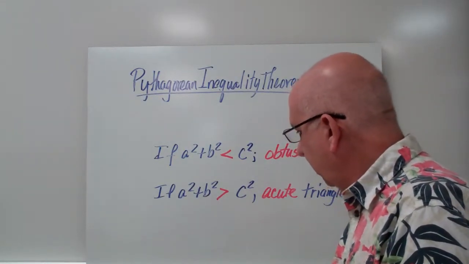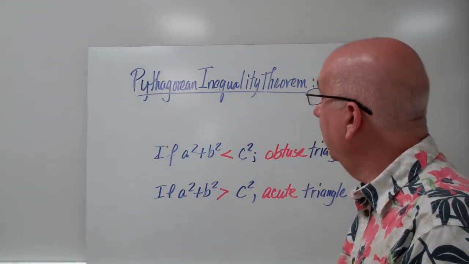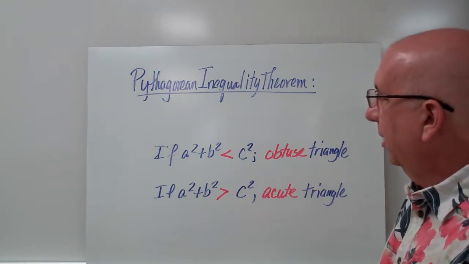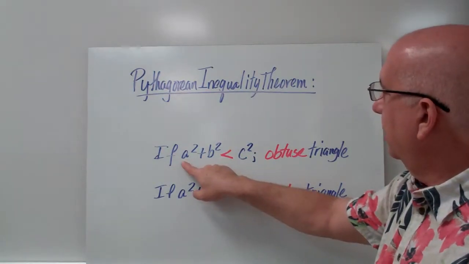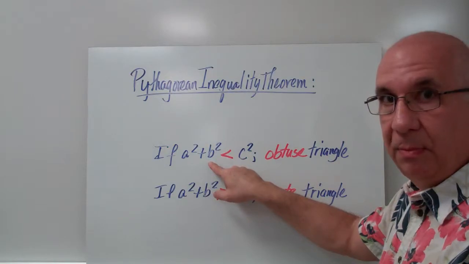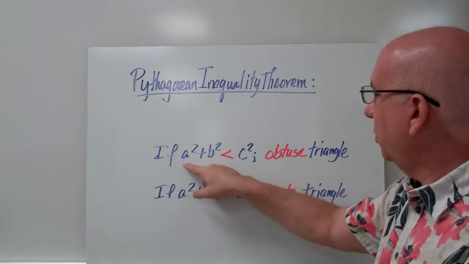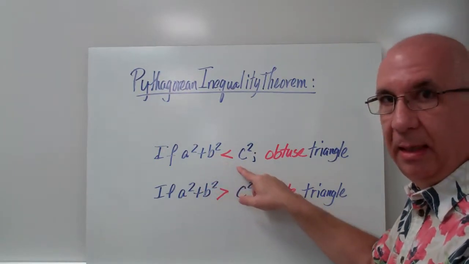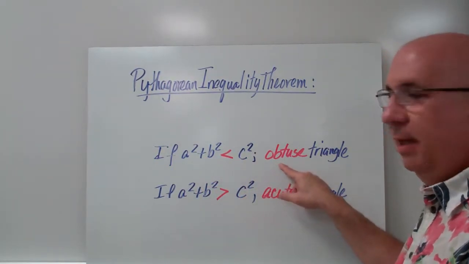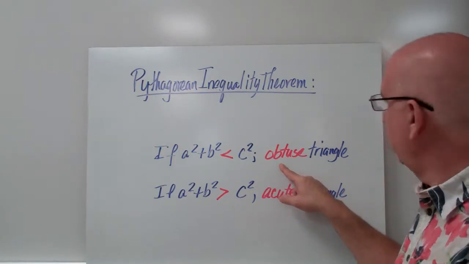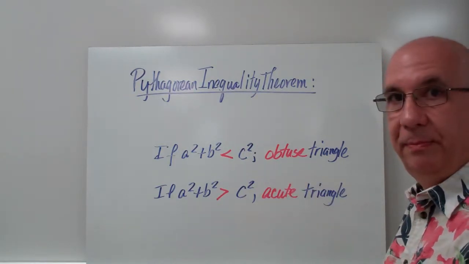The next theorem you need to know is the Pythagorean inequality theorem. This states that for the sum of the squares of the legs of a right triangle, that's a squared plus b squared, if a squared plus b squared is less than c squared, then you will have an obtuse triangle.